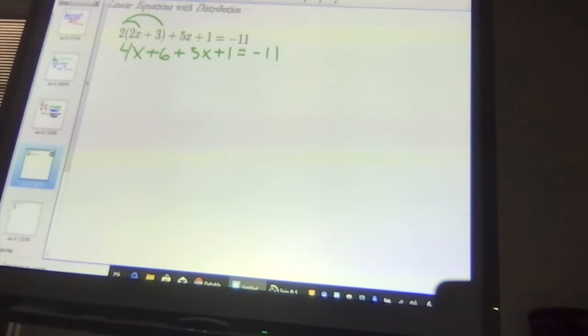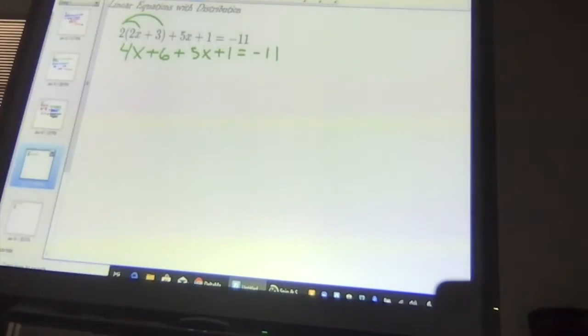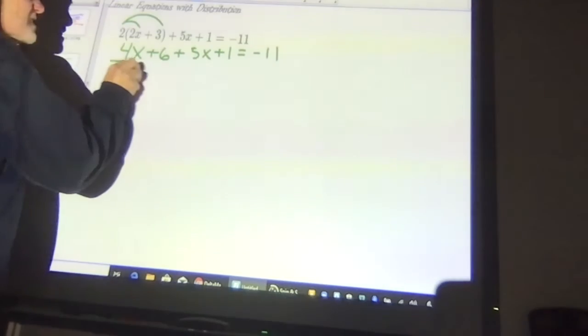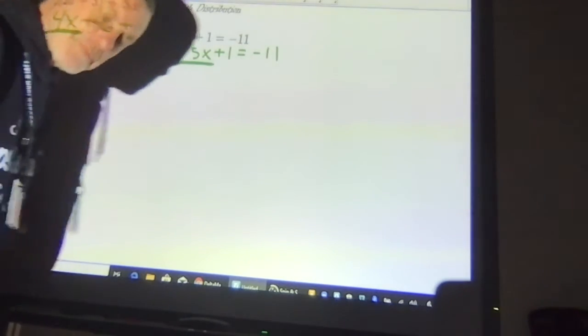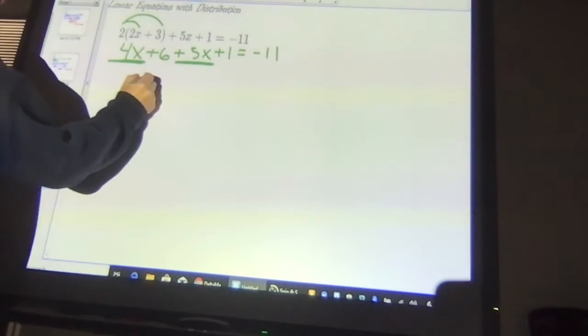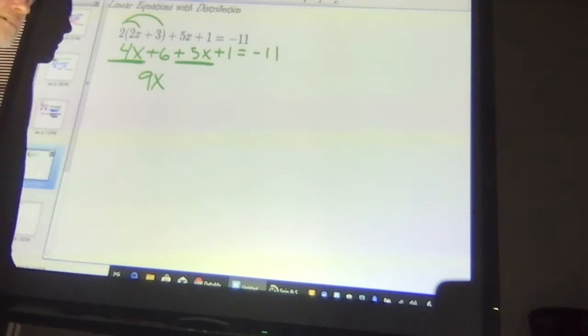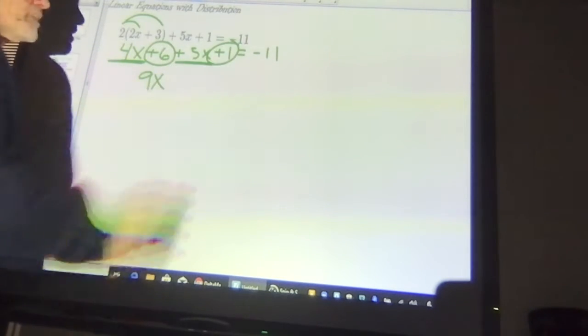Now I've got what some argue is a long equation, but I'm going to talk you into finding the things that are alike, like the 4x and the 5x, and I'm going to ask you to be able to add 4 plus 5. After that, I'm going to ask you to add 6 plus 1.